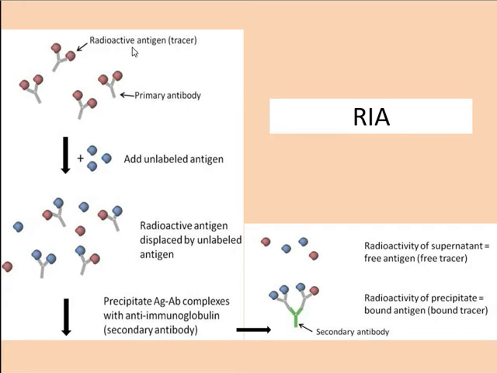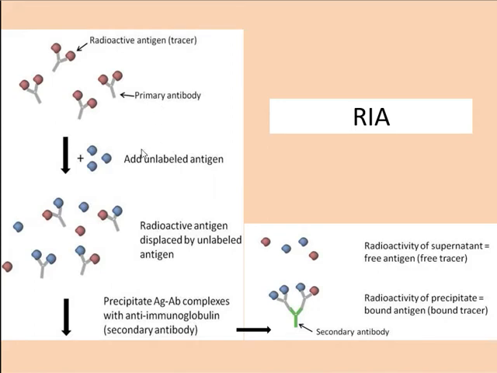So that is also a part of your kit. So your kit should contain the primary antibody which can specifically bind to the antigen in question, then the radio labeled antigen which is similar to the antigen which you want to estimate.